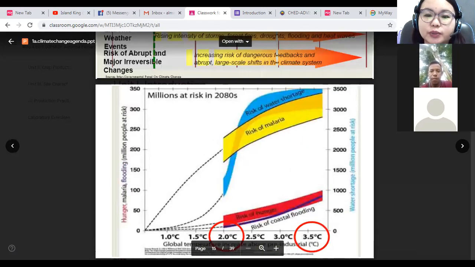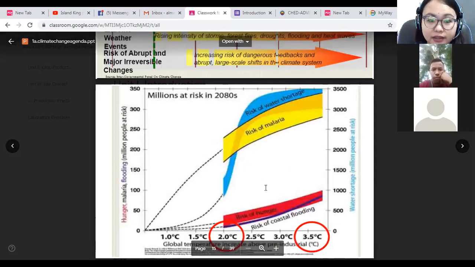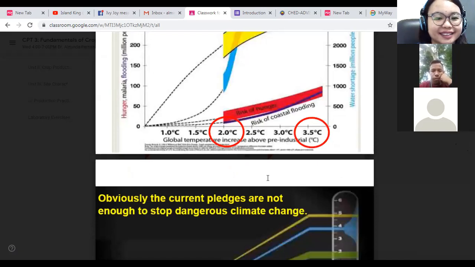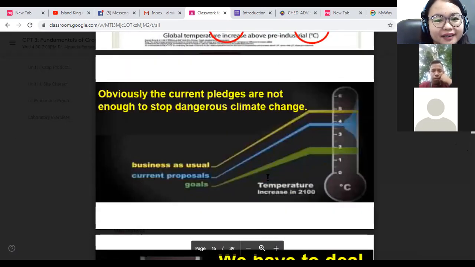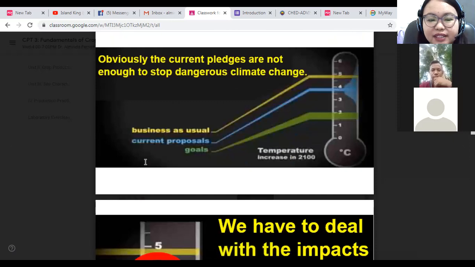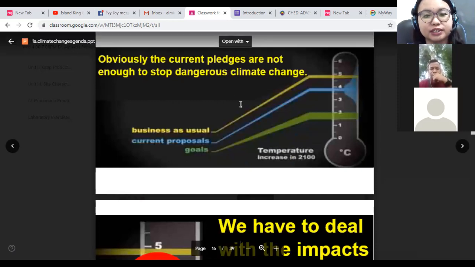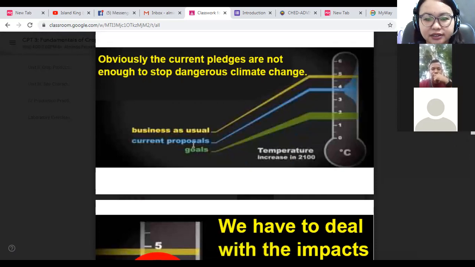So there's also risk of different diseases now, which includes water shortage, malaria, and hunger. So obviously, this shows the current pledges are not enough to stop dangerous climate change.